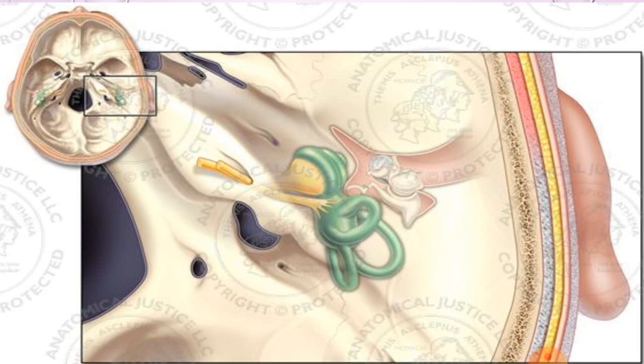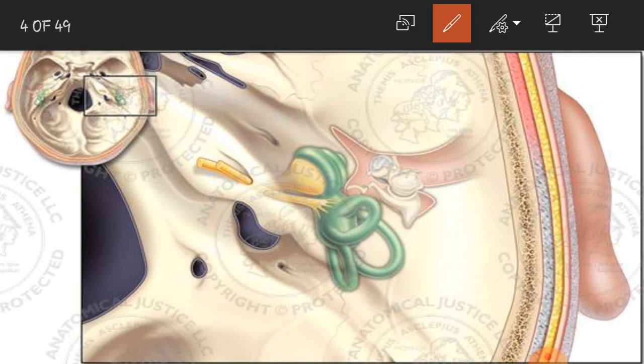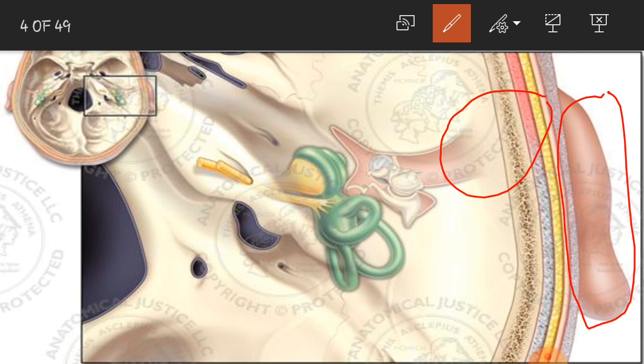Okay. This is another diagram showing the location of the internal ear from the superior view. As you can see, the cranial cavity has been shown in the small left-hand corner, and this is the auricle and external auditory meatus, and these two make up the external ear.